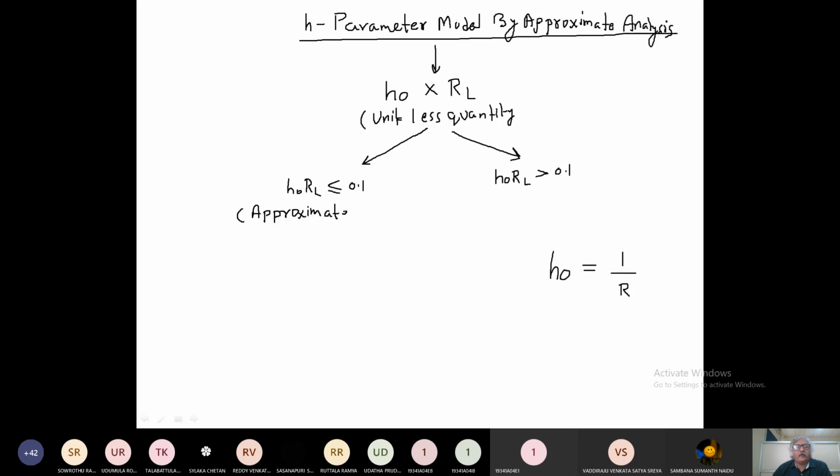And if the multiplied result is greater than 0.1, then you have to use the exact analysis.